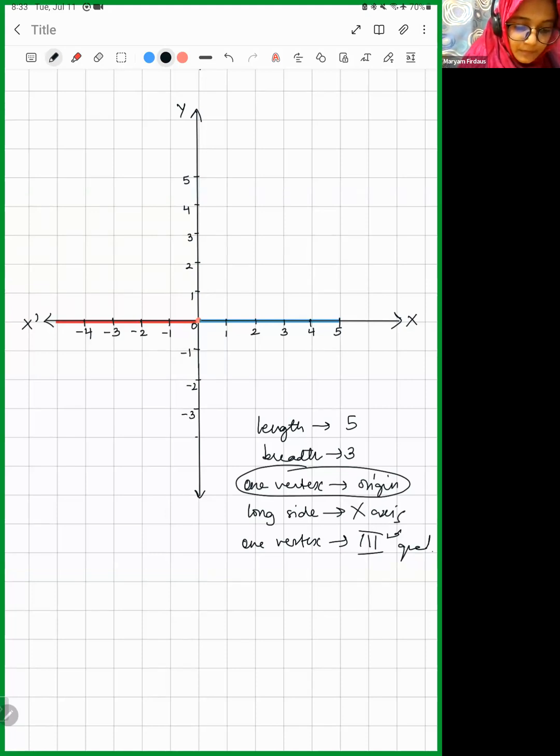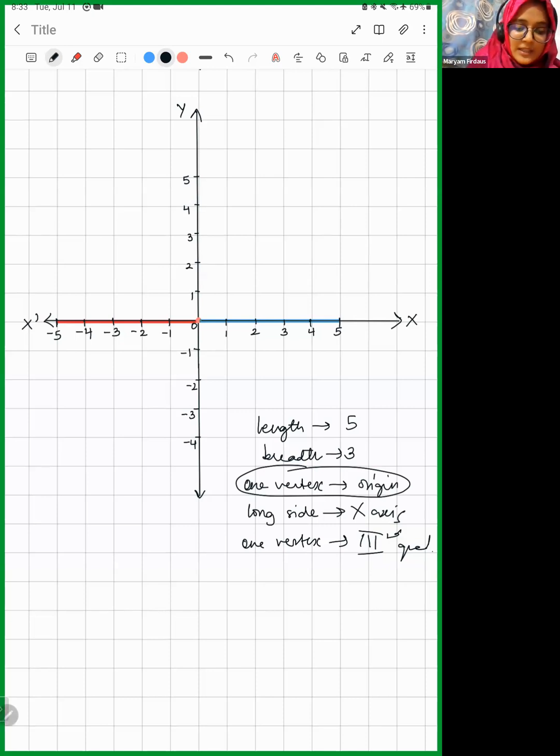Because the length is +5. Okay. In the red one, is the length negative? Can length ever be negative? No. Just because it is lying in the negative x-axis doesn't mean the length is negative. If you measure it with a scale, it's always going to be positive, right? It's going to be more than 0.